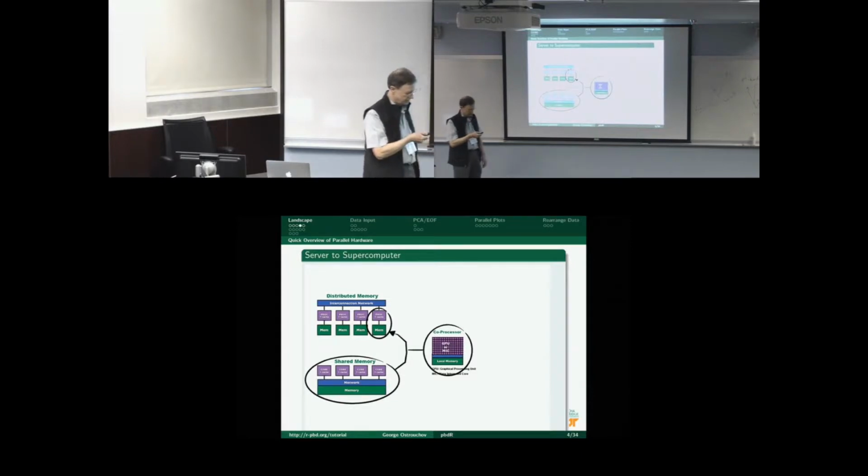Sometimes on bigger machines, and these days even on servers, you'll have a graphics card attached to each node. On a supercomputer, there could be 50,000 nodes, and each node could have 4 cores, or even up to 16 or 32 cores. And that's how you get to 500,000 cores on one machine.